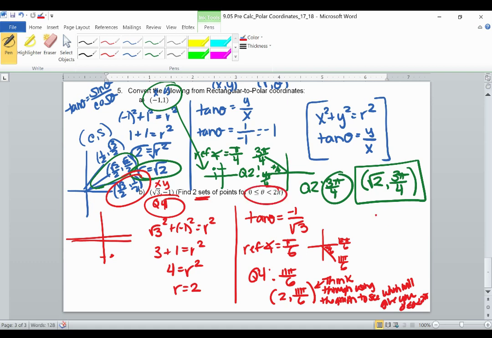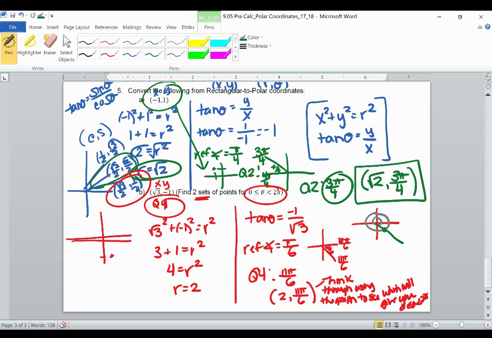So think about if you are on your set of axes and you've graphed, let me draw my 2 circles. I'm at 11 pi over 6. So that's going to be down here, we said, in quadrant 4, 2 circles out.